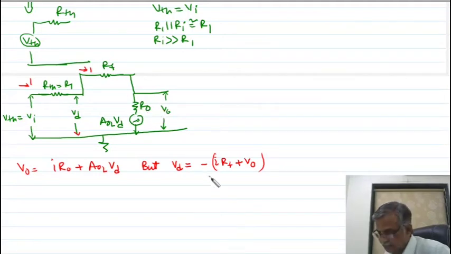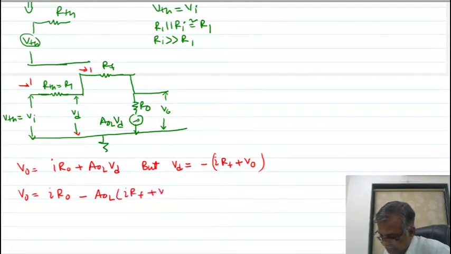It is an inverting amplifier, that's why I am putting the minus sign. This voltage drop plus this, what is the voltage drop? IRF. What is the voltage drop? VO. So I am putting this value here. VO is equal to I into RO minus AOL IRF plus VO.